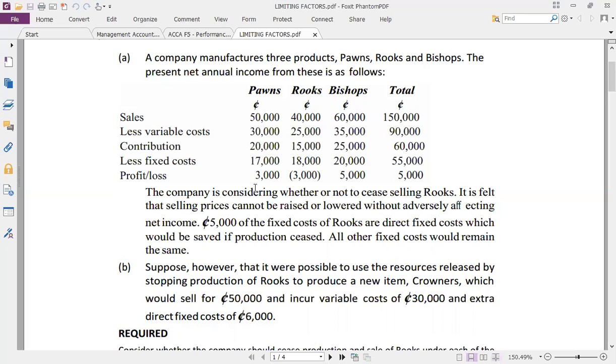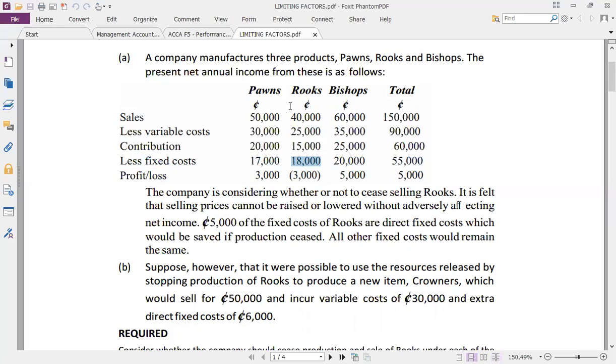All other fixed costs would remain the same. So let's go to goods. What's the fixed cost of goods? The fixed cost over there is 18,000, right? Out of the 18,000, the direct one is 5,000. And the rest is 13,000. That is the general or pure fixed cost.